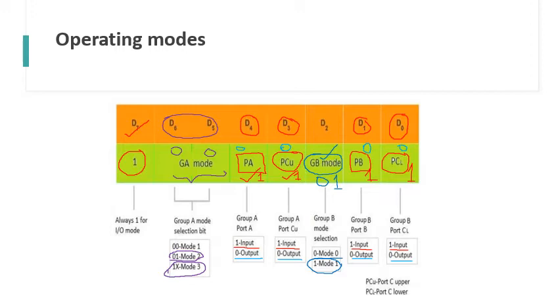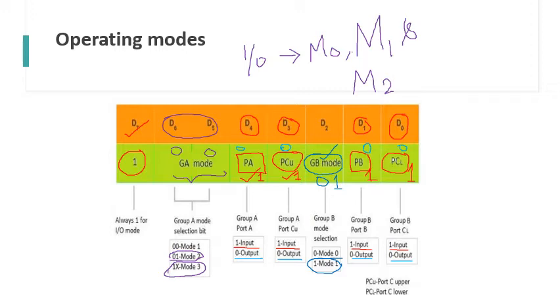First, we will learn about the I/O mode. That is, I/O mode is nothing but mode 0, mode 1 and mode 2. And then we will come back to the bit set reset mode.